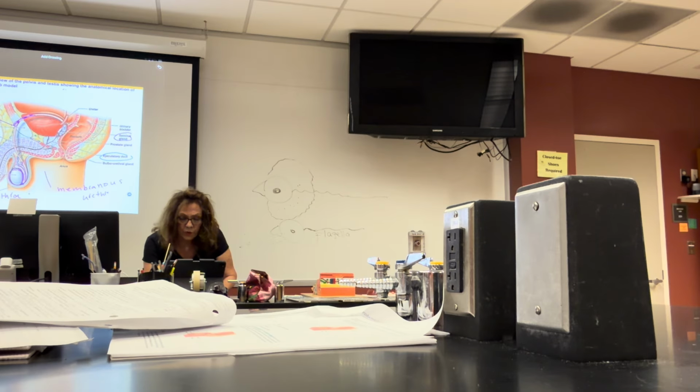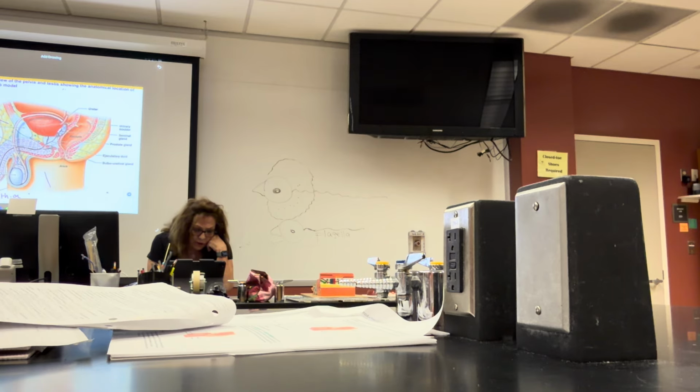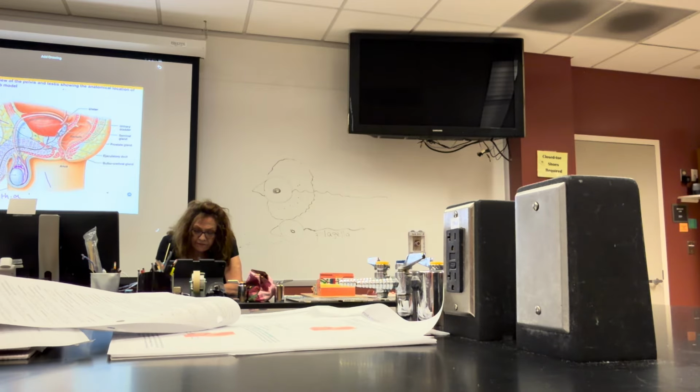So let me show you here exactly how it works. Okay, so we are looking at the picture, so you can recognize the epididymis. Now it enters the ductus deferens.